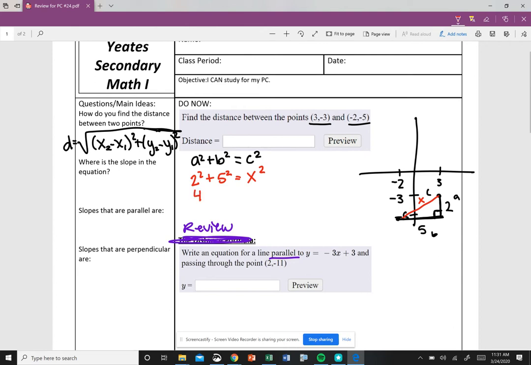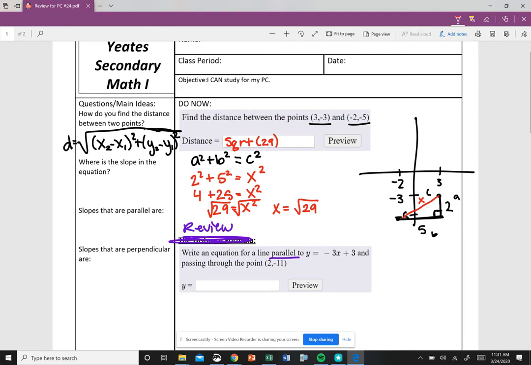So this is going to be 4 plus 25 equals x squared, and 4 plus 25 is 29 equals x squared. So then I would take the square root of both sides, and I end up getting that x equals the square root of 29. So then literally into this box, I would type S, Q, R, T, and then in parentheses, the number 29.